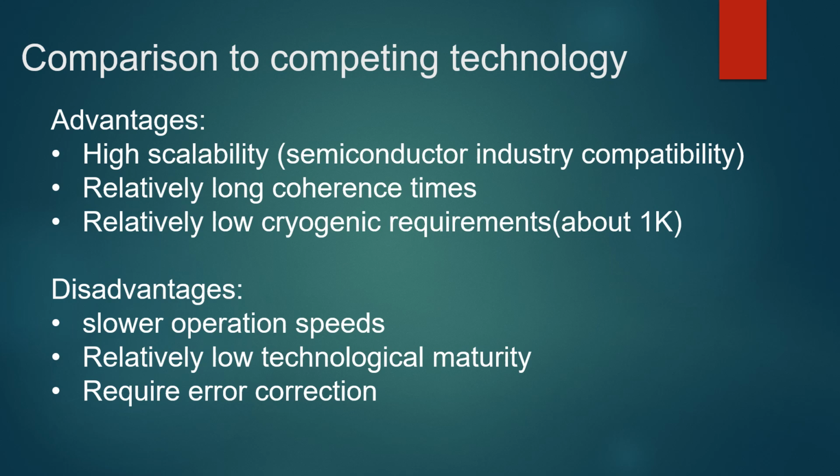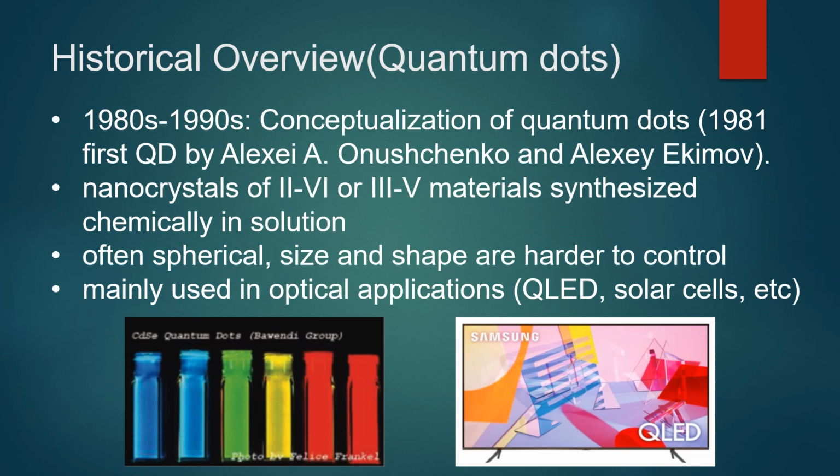Disadvantages. Compared to the superconducting qubits, it has relatively slower operation speed, and compared to both the superconducting qubits and ion traps, it has relatively low technological maturity, and it also requires some error correction.